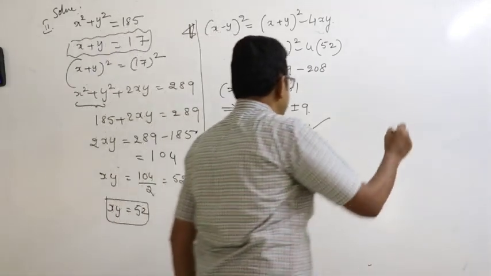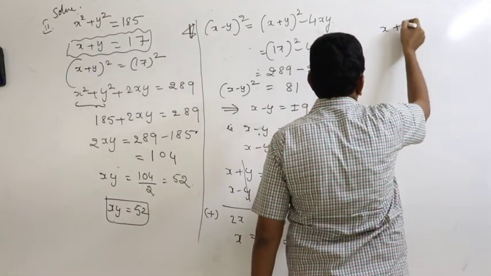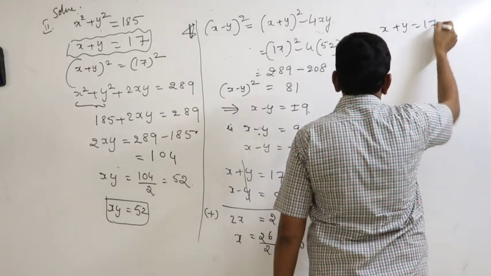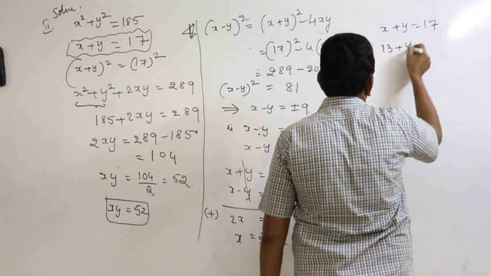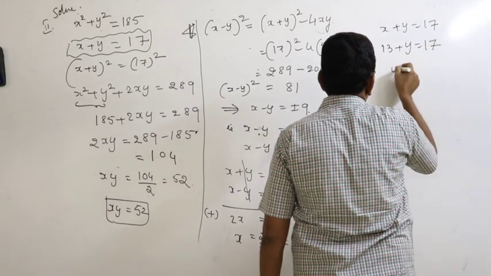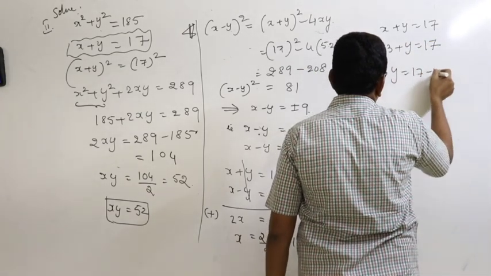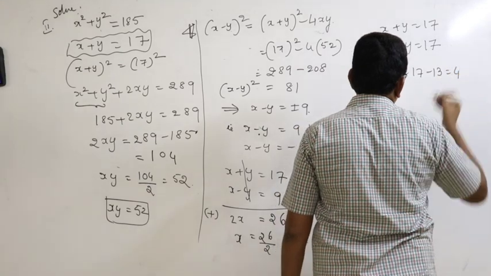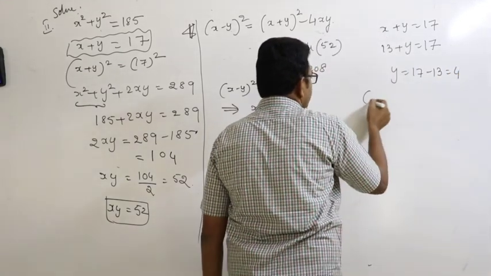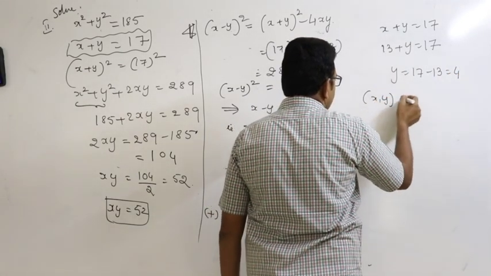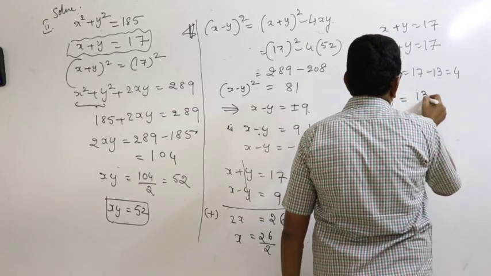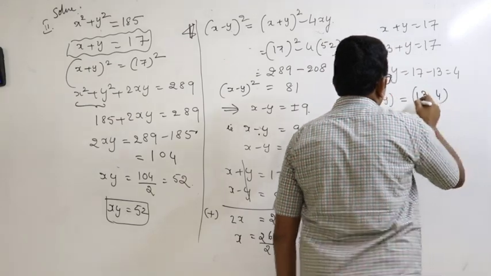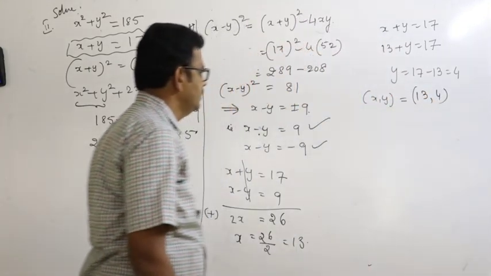Now x plus y is equal to 17, and x value 13 plus y is equal to 17. y is equal to 17 minus 13, that is 4. Therefore x comma y, where x is 13 and y is 4.